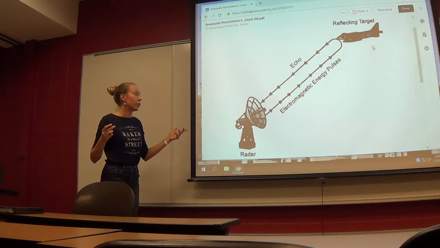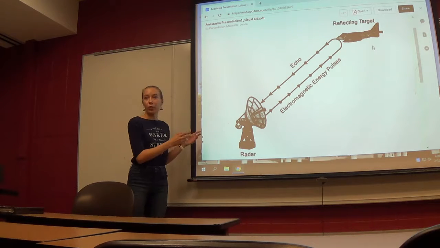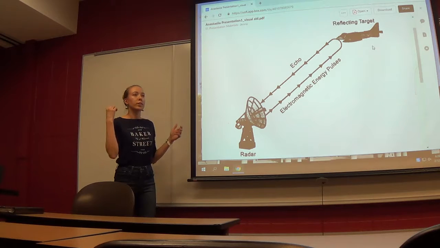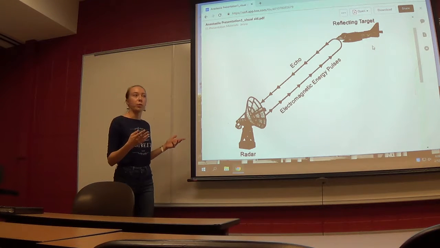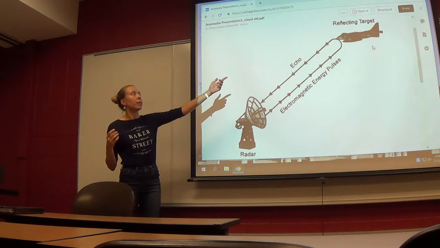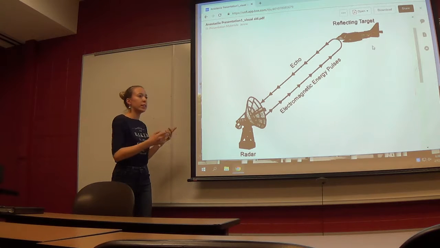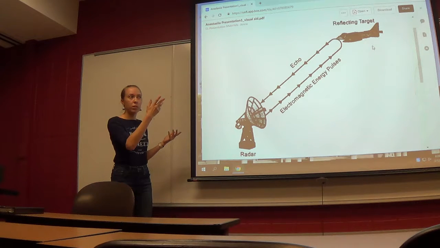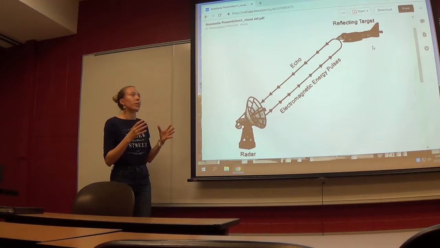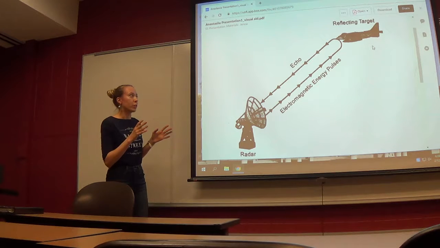So let's have a look at the picture. In the bottom left corner, you see the main part of the whole story. That's an antenna. An antenna is used for transmitting and receiving electromagnetic waves. Imagine we want to track a target, such as the plane in the top right corner. The antenna sends an electromagnetic pulse. A pulse means that we squeeze some amount of electromagnetic energy into some fixed, usually short, time interval.